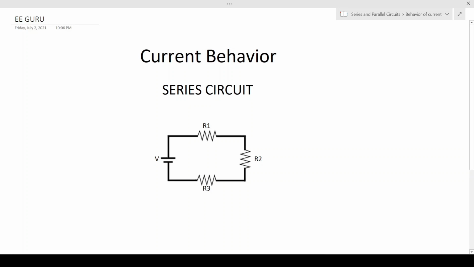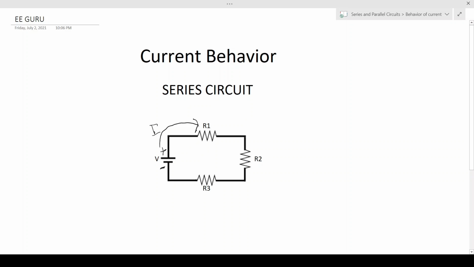So what we have in front of us right now is a series circuit. We have our voltage source in series with the three resistors R1, R2, and R3. Current flows from the positive terminal of our voltage source, in this case the battery, and into the components of the circuit.